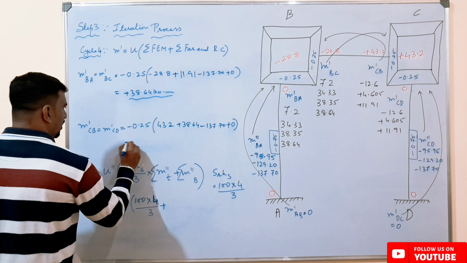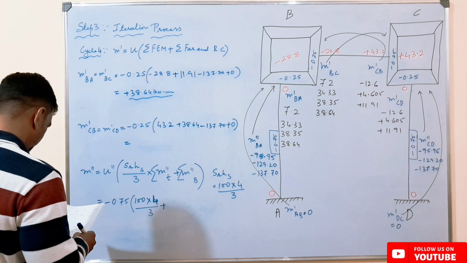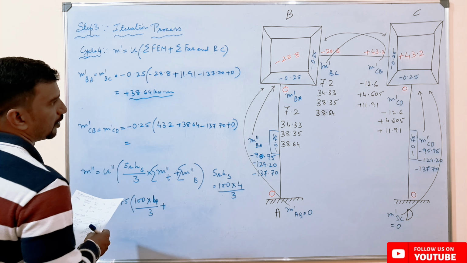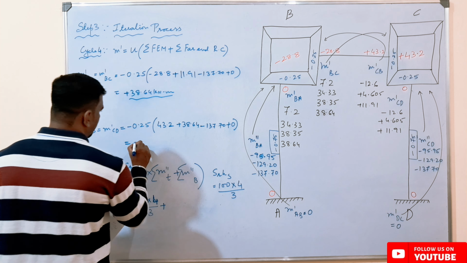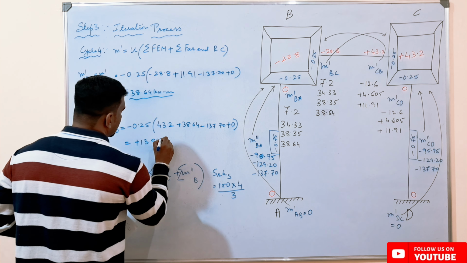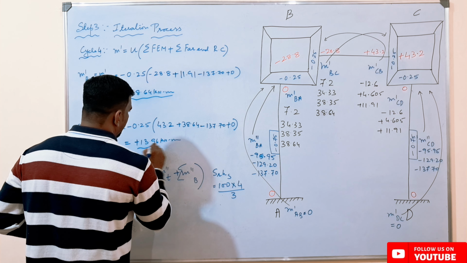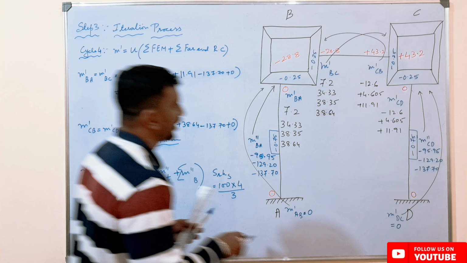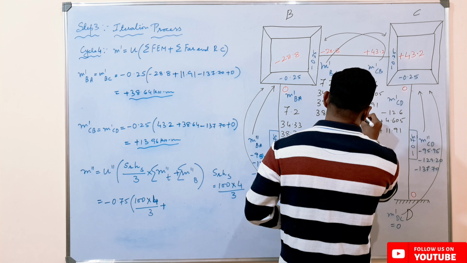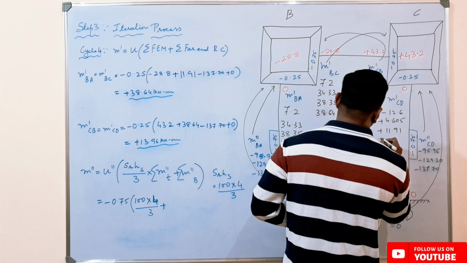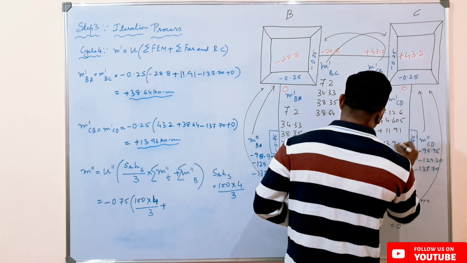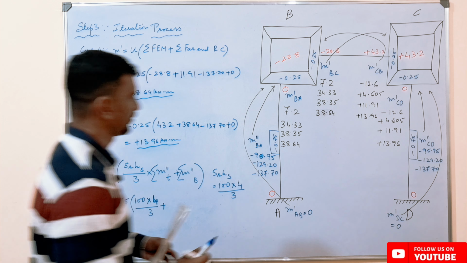So we are having a value of 13.96 plus 13.96 kilonewton meters. So 13.96, it is plus 13.96, here also plus 13.96.